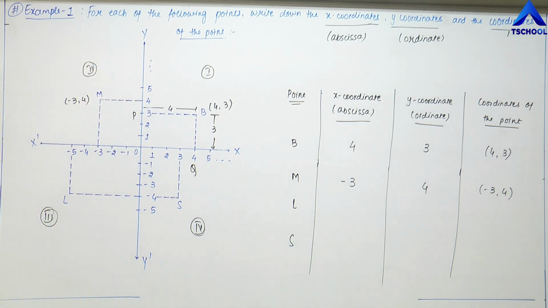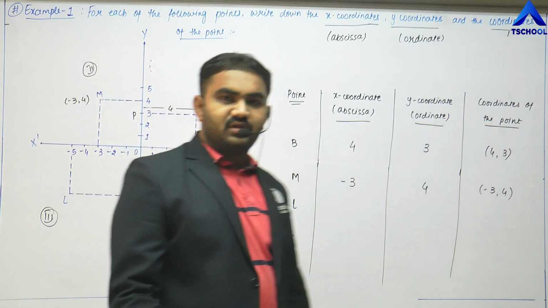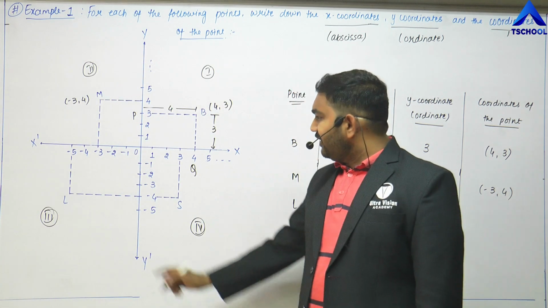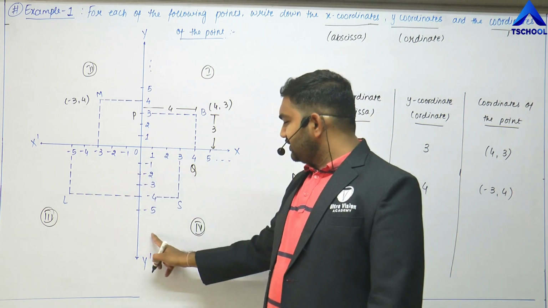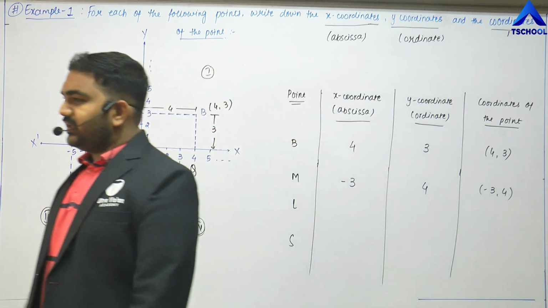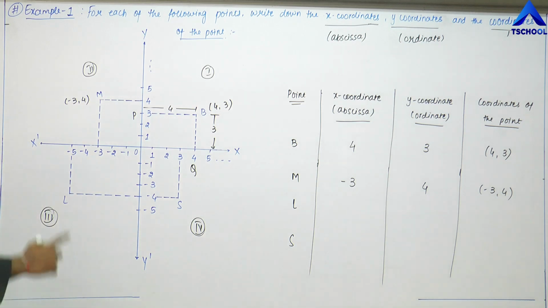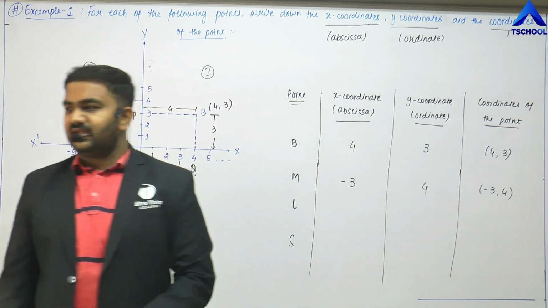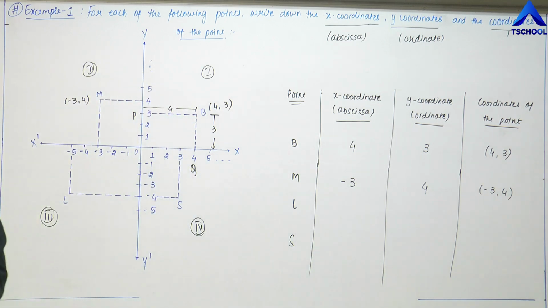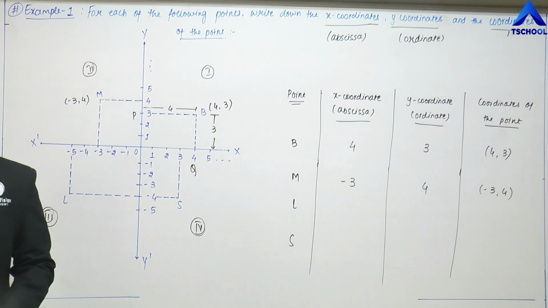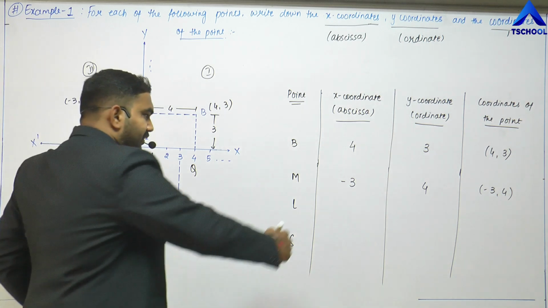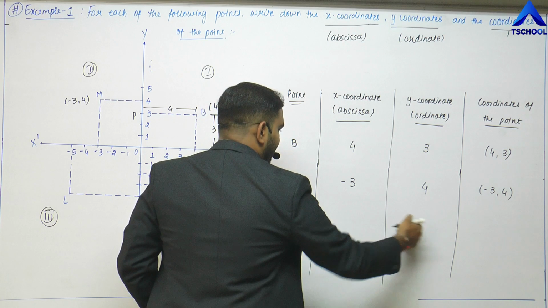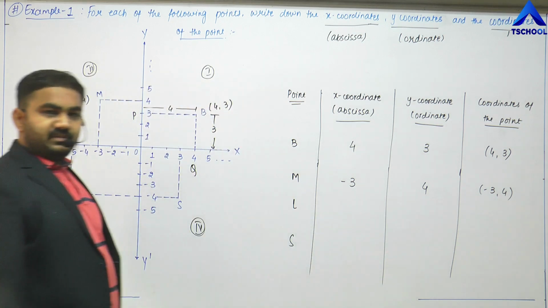Now looking at the third point, that is L. L lies in the third quadrant, and the third quadrant is made up of both negative axes, that is negative x-axis and negative y-axis. So you can directly say, friends, as we discussed for the x coordinate in point M, that here both the coordinates will be negative.